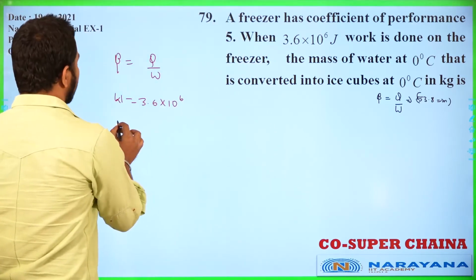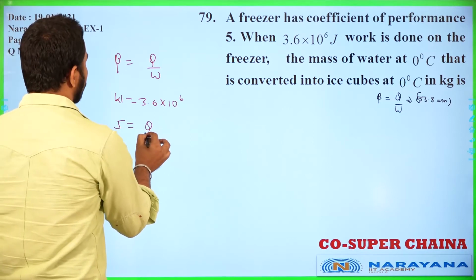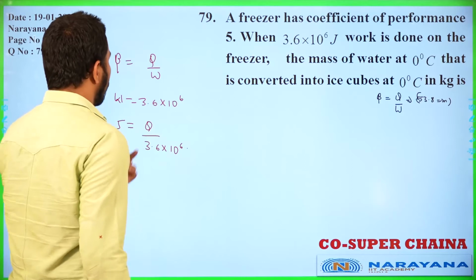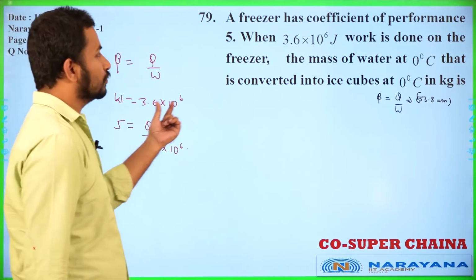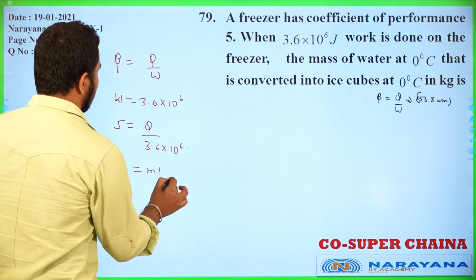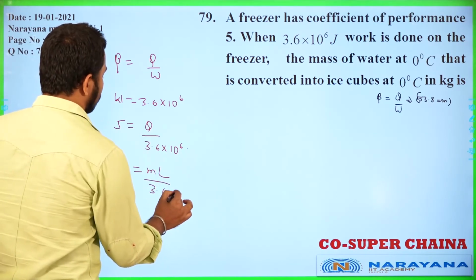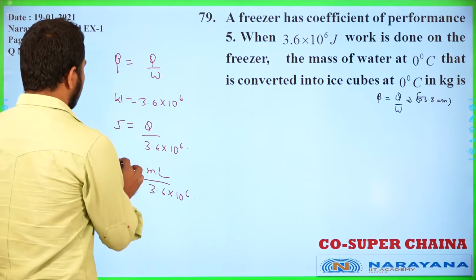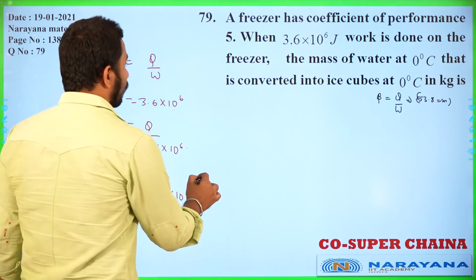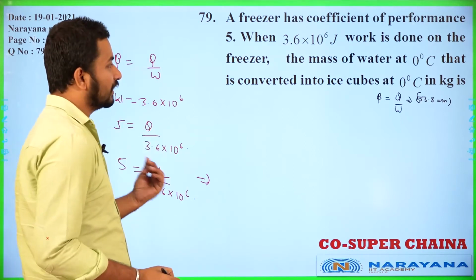So the beta value is already given, so 5 equals Q by W, that is Q by 3.6 into 10 to the power 6. Now this Q is used for the change of state, so we can write it as mL by 3.6 into 10 to the power 6 equals 5. M we have to calculate, and the L value we know, the latent heat of ice.